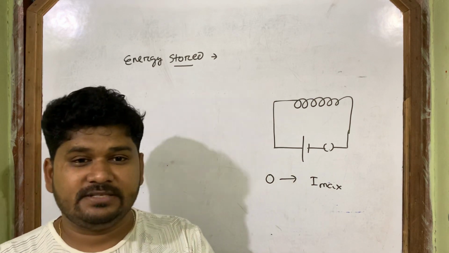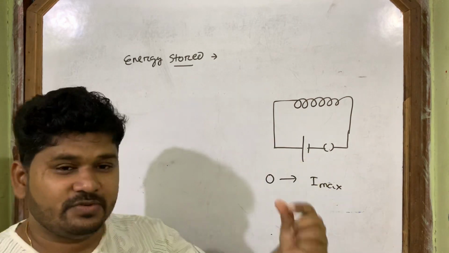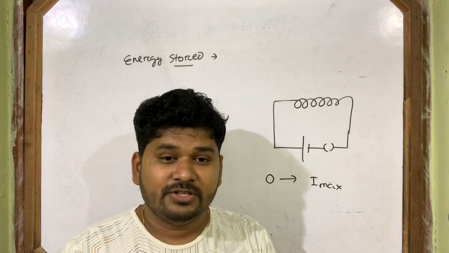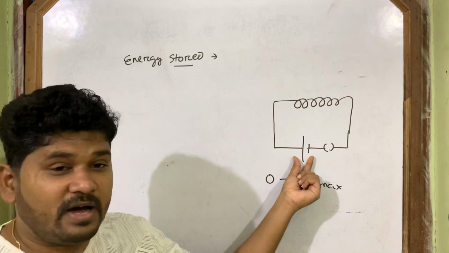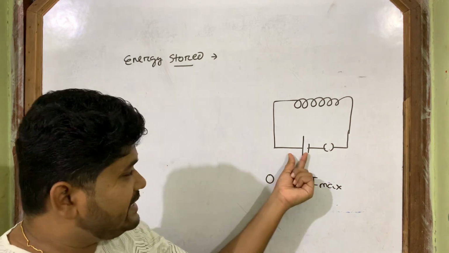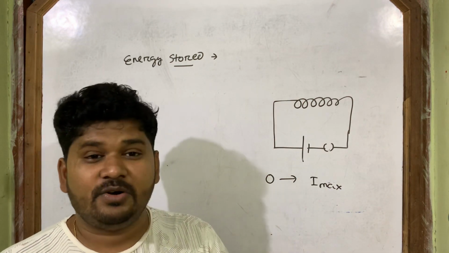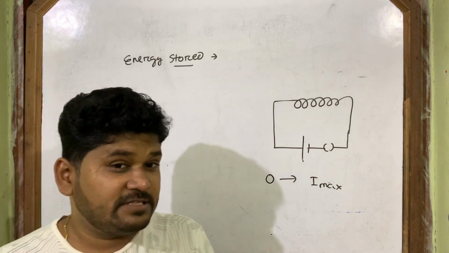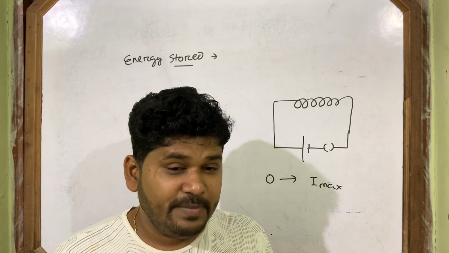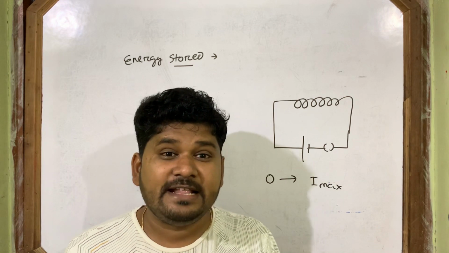Current will increase, but who will increase the current? This source will increase the current. The source will do the work against the opposition. The source will increase the current to its maximum value, working against the opposition. It means energy is stored in the form of potential energy.